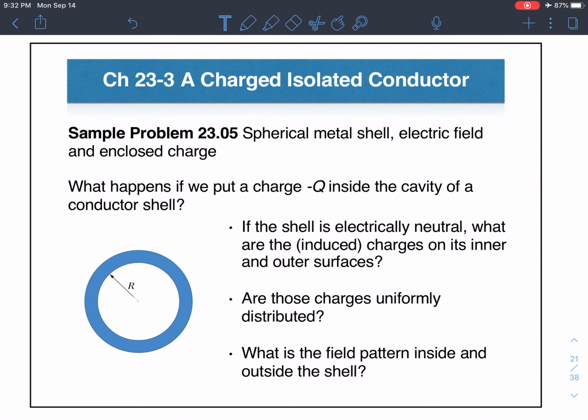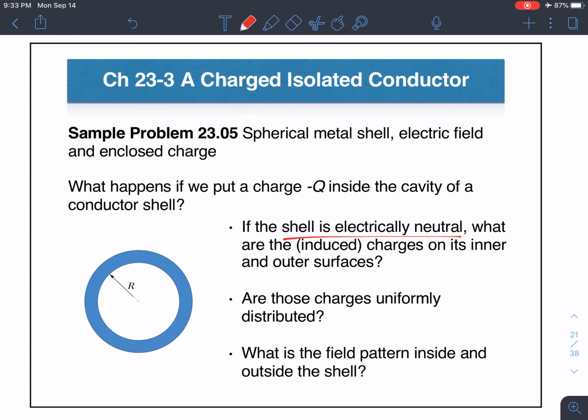So here we have a spherical metal shell, the electric field, and an enclosed charge. I'm not showing the electric field lines here, but what happens if you put a charge negative Q inside the cavity of a conductor shell? We are saying that the shell is electrically neutral.